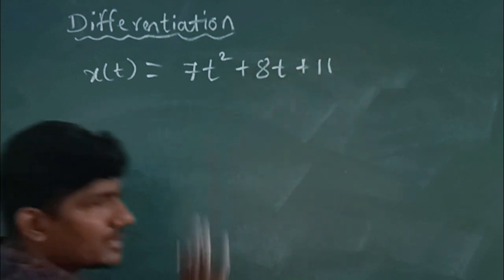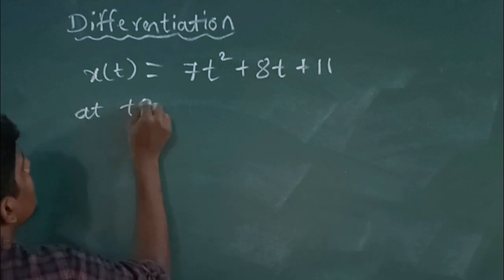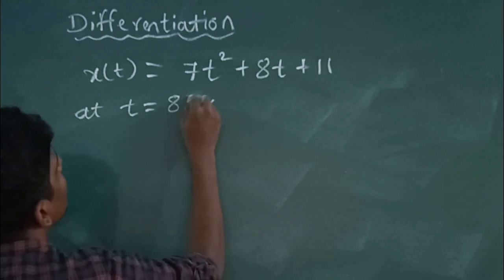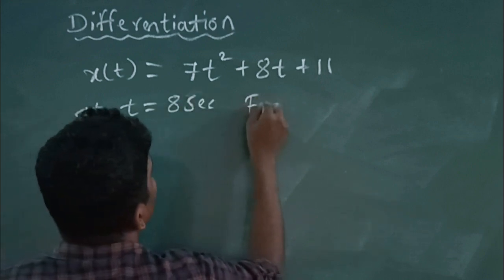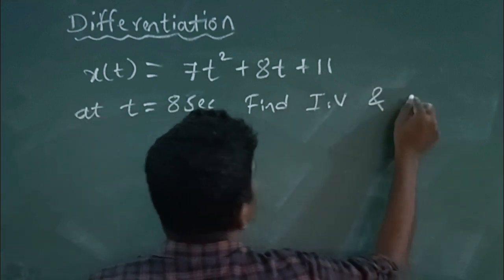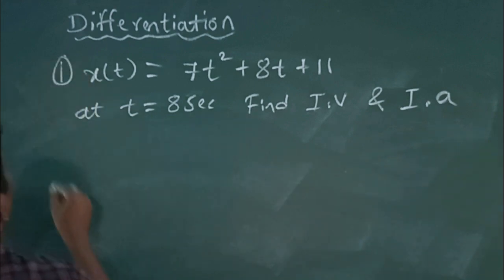Okay, one simple equation. At t equals 8 seconds, find instantaneous velocity and instantaneous acceleration. This is your homework problem.